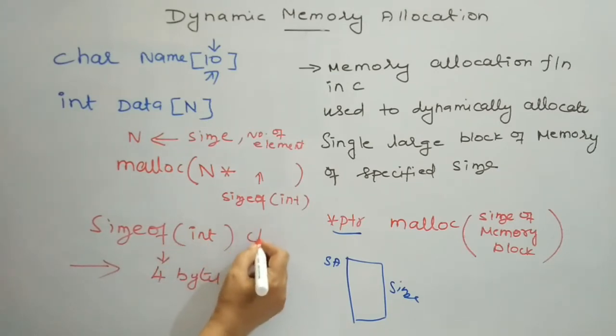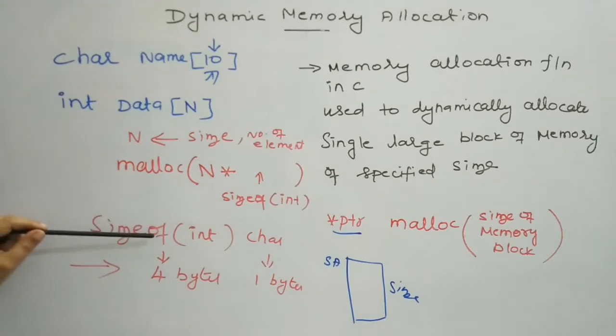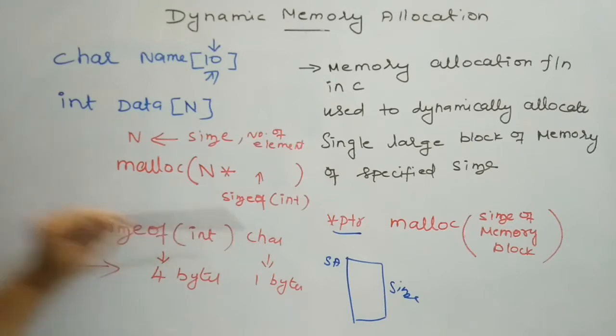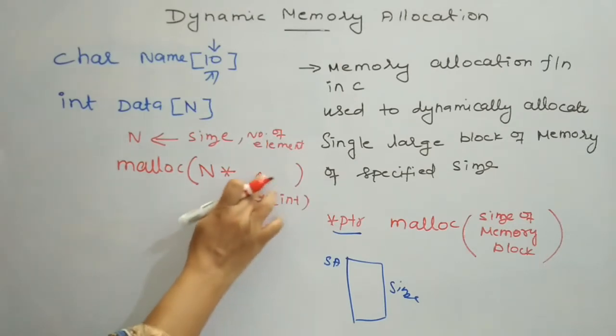If I use char, it will return 1 byte, since 1 byte is used to store a character value. The sizeof function returns the number of memory addresses used to store an integer, a character, or any other data type.